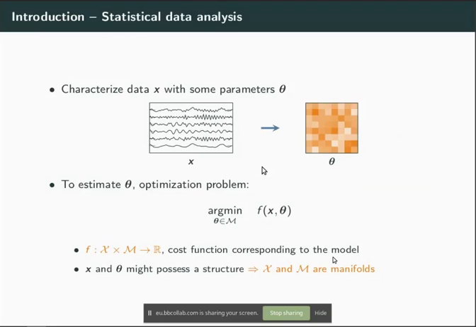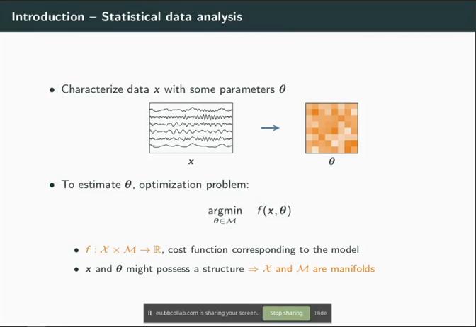And in order to do that, what we are going to do is to solve some optimization problem in order to minimize some cost function f, where the cost function corresponds to the model that we are considering for the data, and the data themselves x and the parameters theta might possess a structure, so set of constraints and invariances.